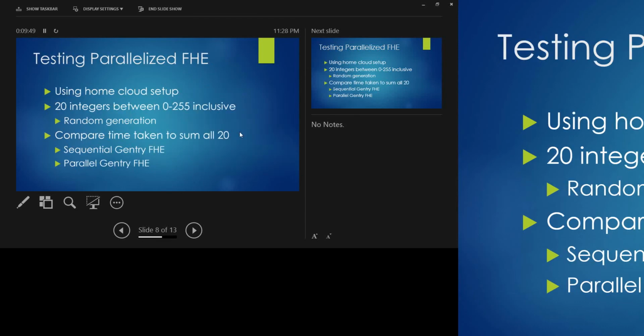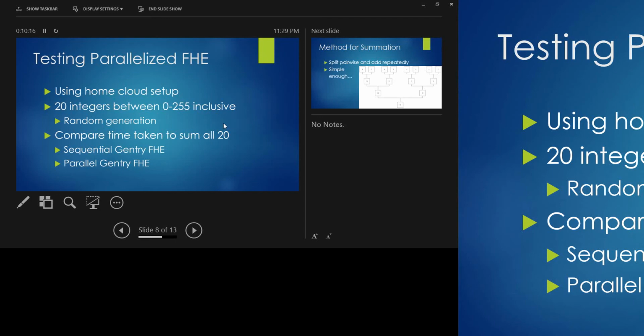And so continuing into that, we're going to see the testing scheme used in parallelizing fully homomorphic encryption. In the example that was given in the paper that I read, only a home cloud setup was used. And that's something I actually want to touch on after we go through the rest of this slide here.